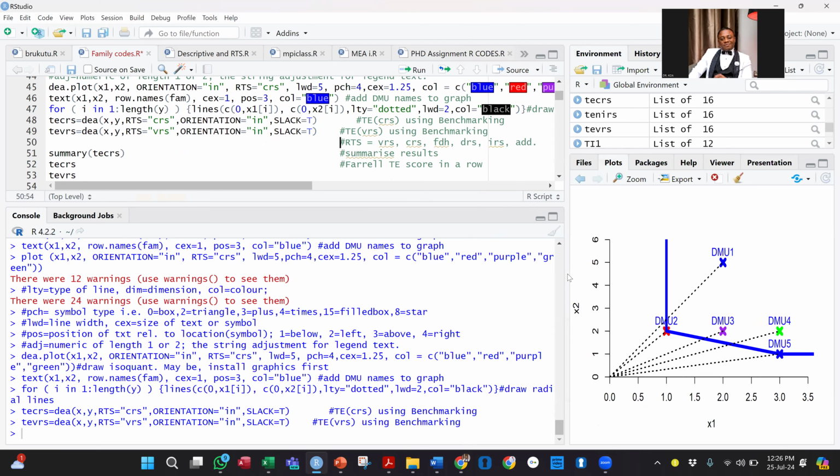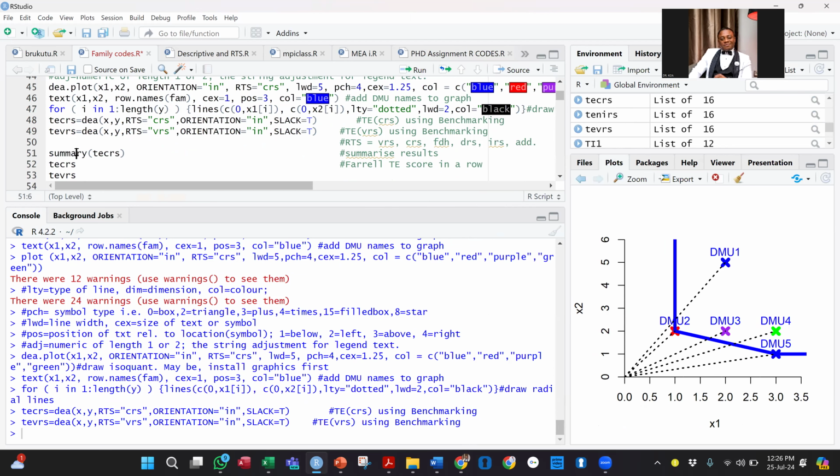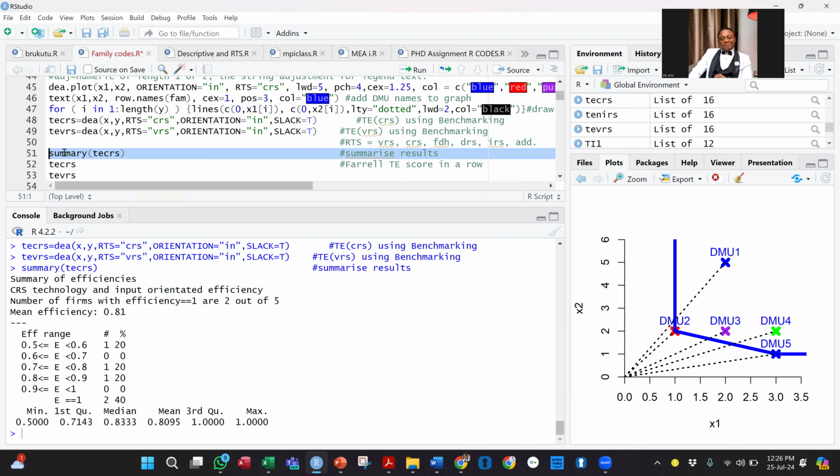I just did the running. It has been done. And so you can do a summary to see the results. A summary of the first one. Okay, this first one will just give you a summary of your results. When you do up to the summary of your results, let me know.